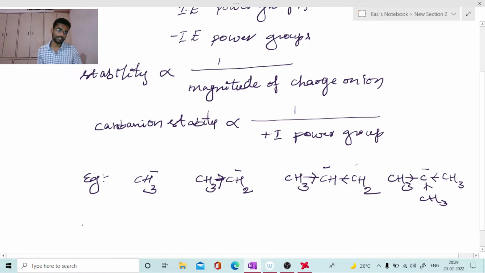So the stability order we are going to write here: methyl carbanion is more stable than primary carbanion, primary is more than secondary, and secondary has more carbanion stability than tertiary carbanion.